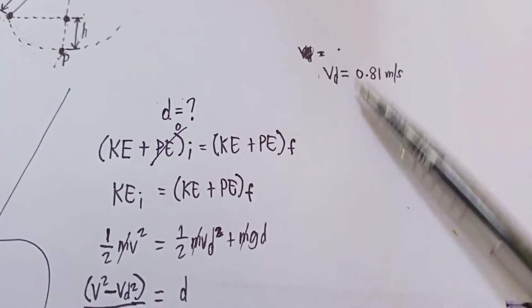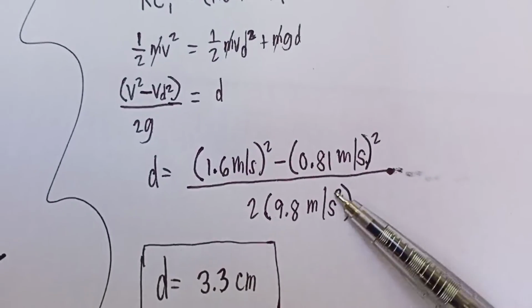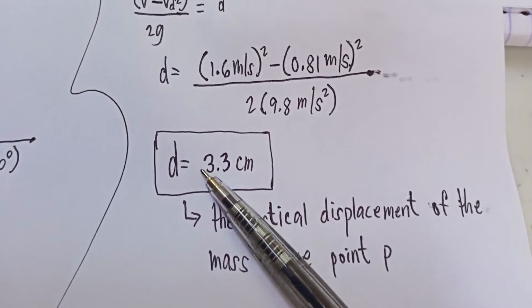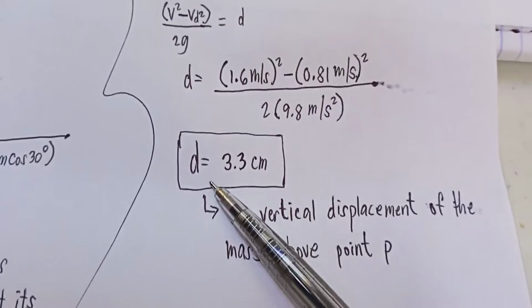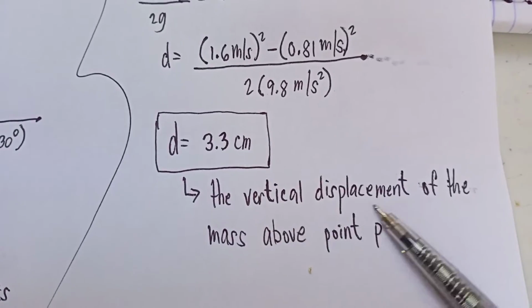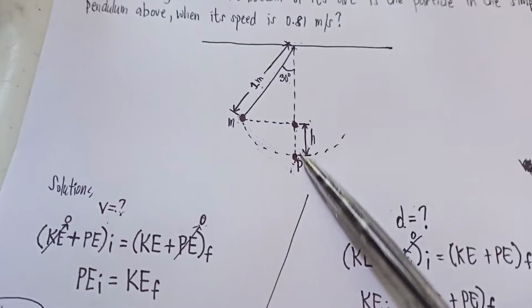Ang iyahang value is 0.81 meter per second. So substitute lang. Then we get the 33.3 centimeter. Mao ang atong d, value sa d, 3.3 centimeter. This is the vertical displacement of the mass above point P. Dire.